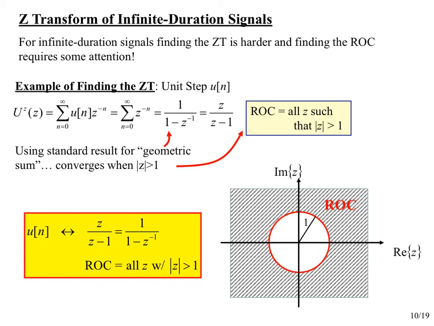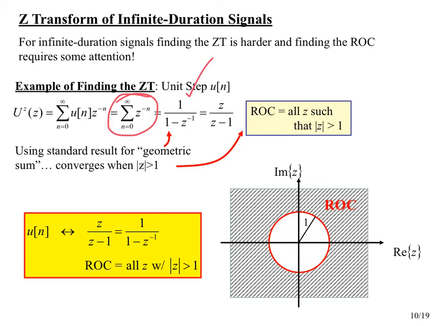Okay, so we end up with this summation, and I'm sure you studied at some point in Calc 2 or somewhere along the way, you heard something about a geometric sum or a geometric series or something like that. You can look this up in a book, or these days more likely on Google, and you'll find information on the geometric sum, and you'll see that you can rewrite the geometric sum in this form as long as the magnitude of z is greater than 1 for this particular form of this result.